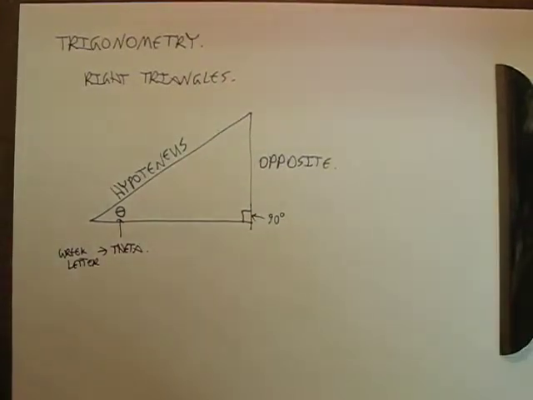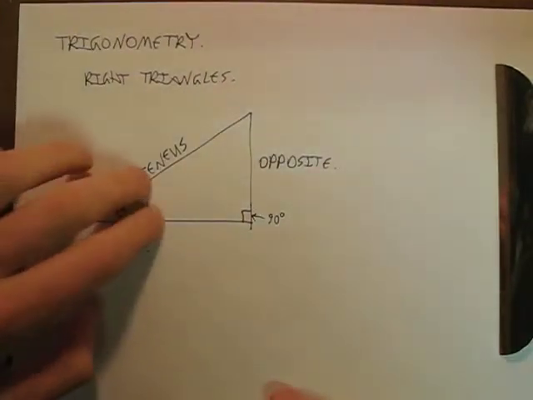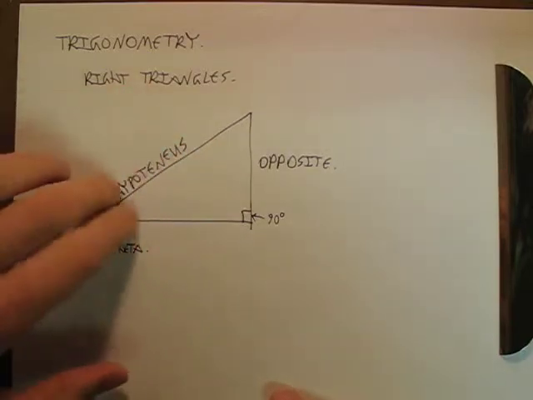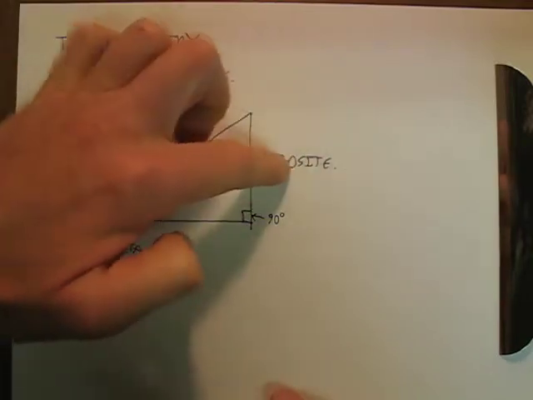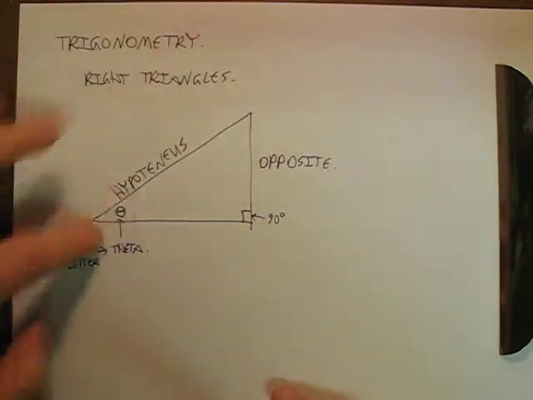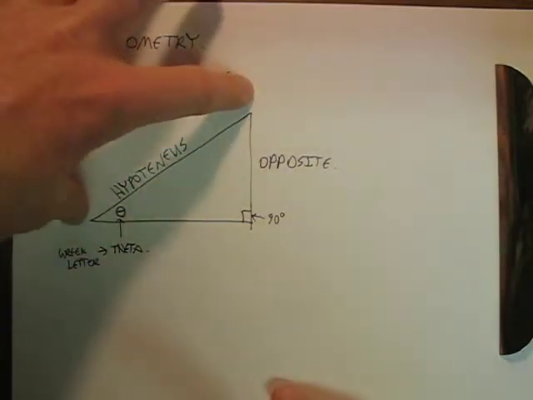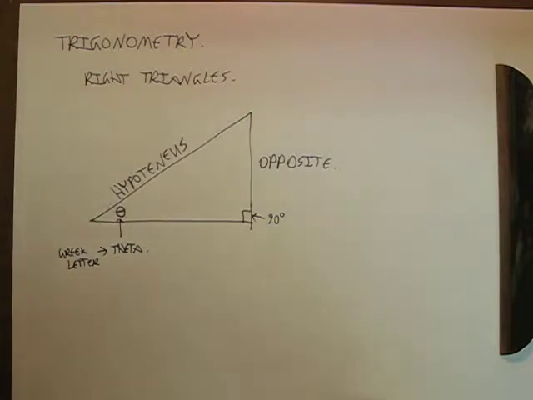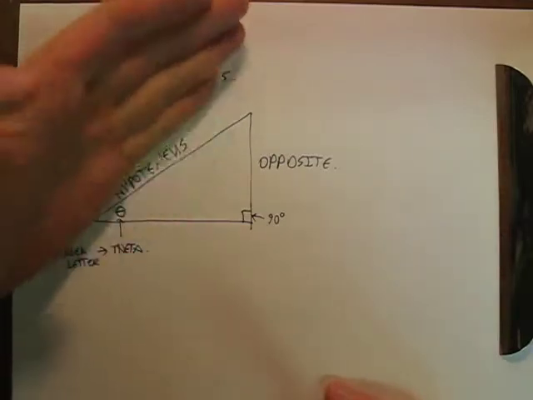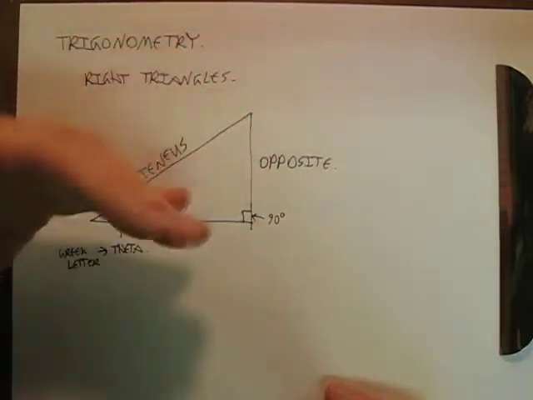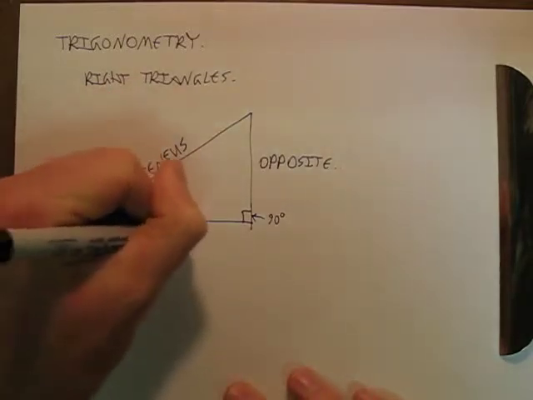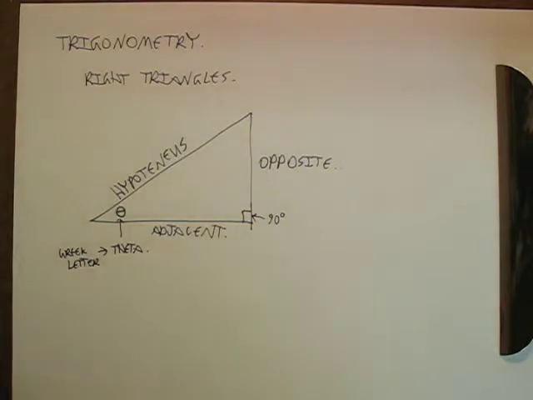So, you start at the angle, you walk up between the lines that feed into that angle, and when you walk opposite that angle, you get to opposite. On one side of you, one of those lines is the longest side of the triangle, and we're going to call that the hypotenuse, the longest side of the right triangle, and the other side that is adjacent to this angle, we're going to call adjacent.